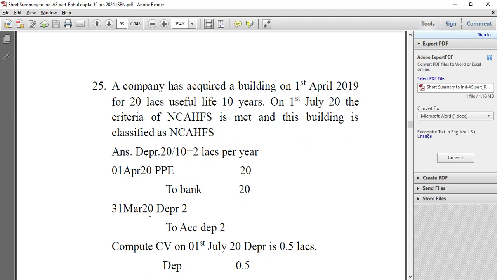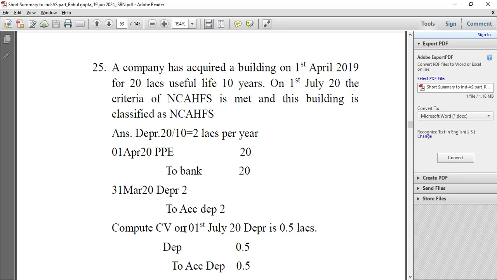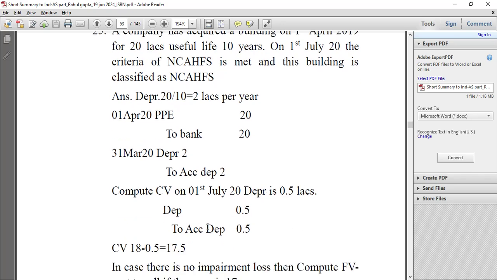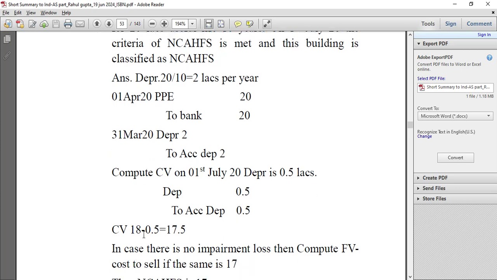On 31st March 20, depreciation to accumulated depreciation 2 lakhs. Compute carrying value as on 1st July 20. Depreciation is 0.5 lakhs: depreciation to accumulated depreciation 0.5 lakhs. Carrying value would be 18 minus 0.5, that is 17.5.